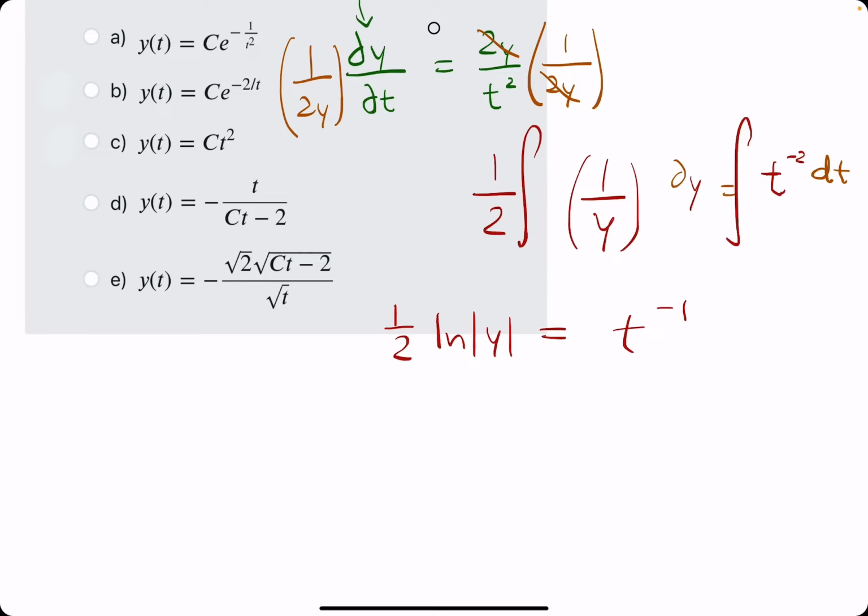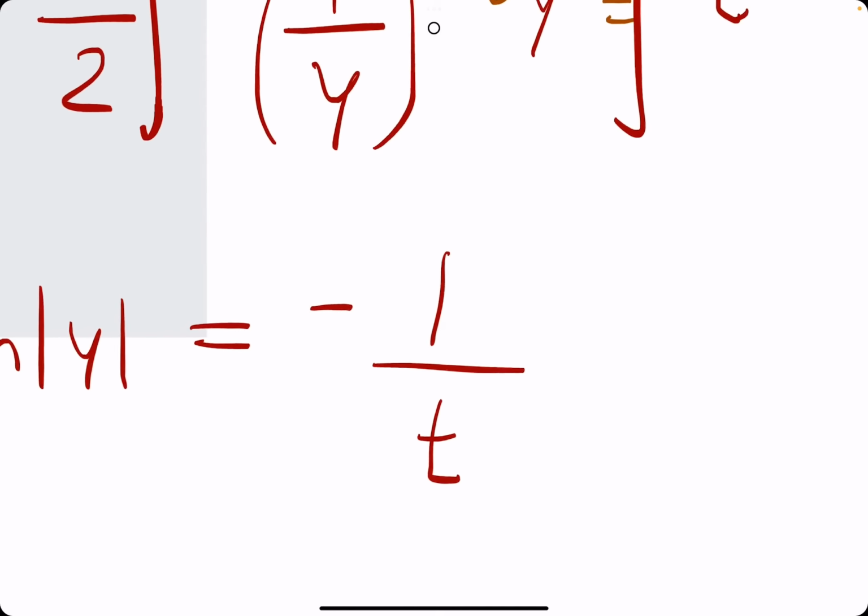Negative 2 plus 1 is negative 1. And we divide by whatever that new exponent is. So t to the negative 1 over negative 1. Dividing by negative 1 is basically just calling the whole term negative, and then t to the negative 1 is the same as 1 over t to the positive 1. So just negative 1 over t all together.